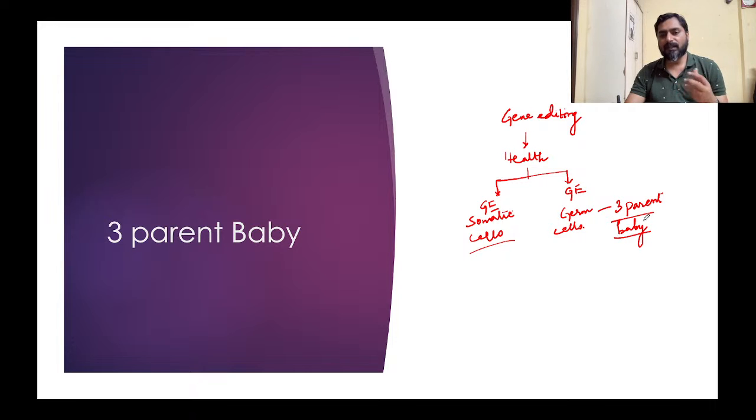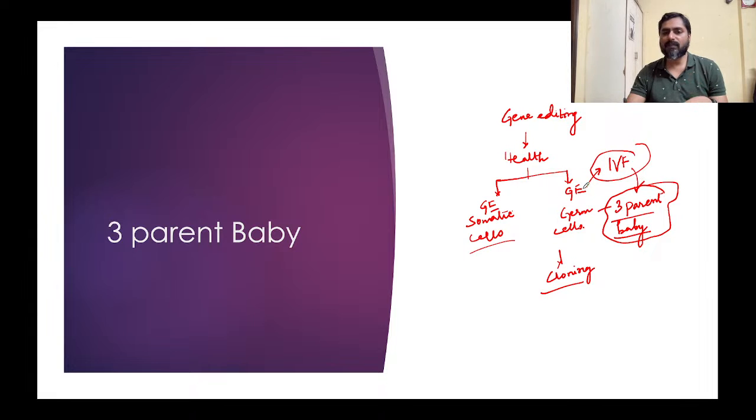We need to understand the basic concept first, and then we will see what this 3-parent baby is and how it is being produced. In this we can also understand cloning, and what IVF is. If you understand IVF, then we will have a clear picture of the 3-parent baby.